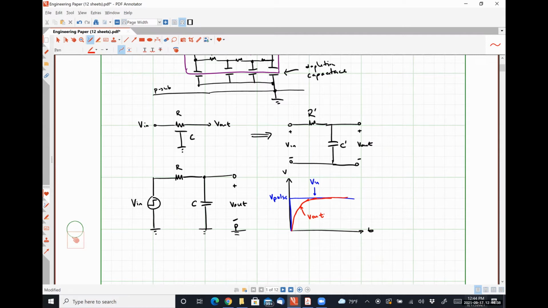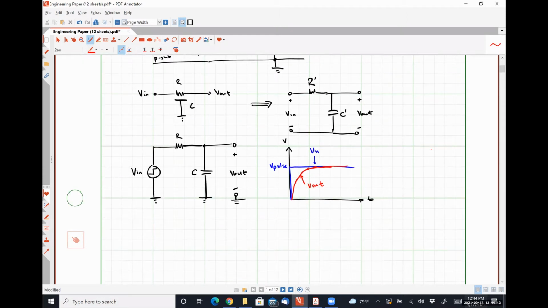All right. So mathematically, we could relate V out as a function of time.